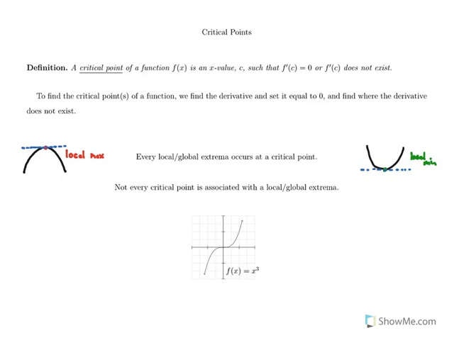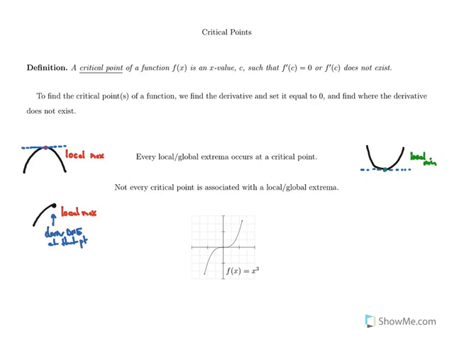But it goes further than that as well. We saw on the previous page a function where the endpoint was a local min. Let's draw it as a local max over here. So that could be a local max just as an endpoint, and note that the derivative does not exist at that point.